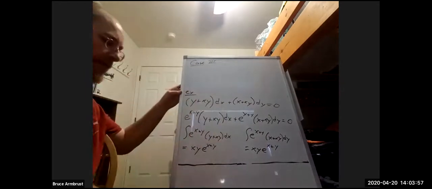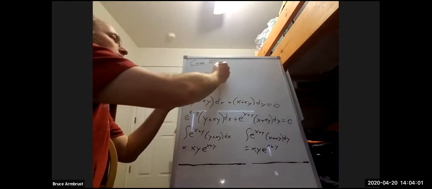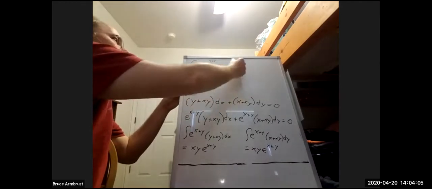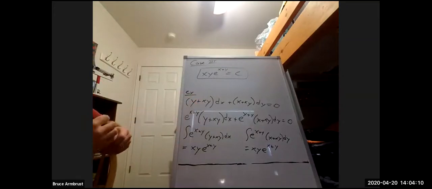Well, now we've got our implicit form. We've got xy e to the x plus y equals c. And there's a solution to this differential equation. So the struggle is going to be finding the p's and the q's.